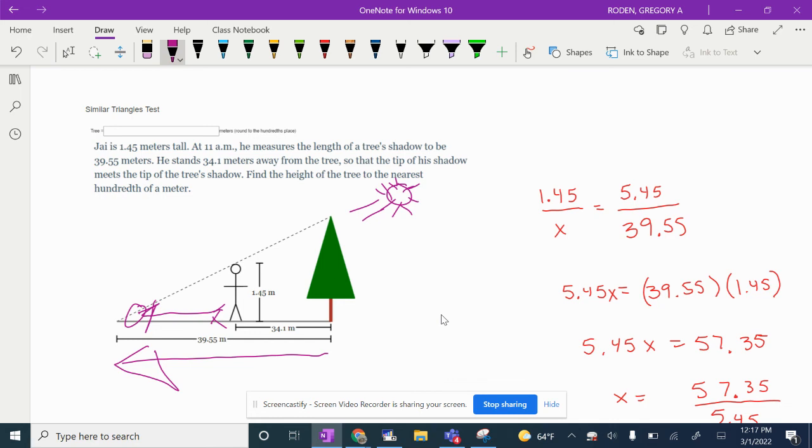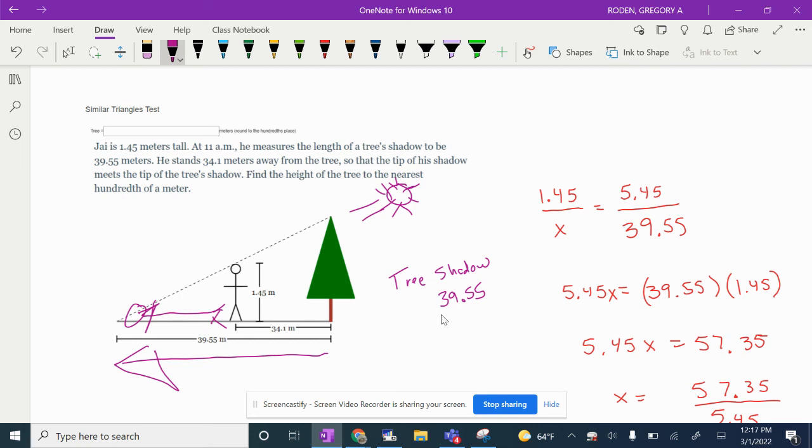So the tree shadow is equal to 39.55. Now the dude's shadow is not 34.1, it's 39.55 minus 34.1.